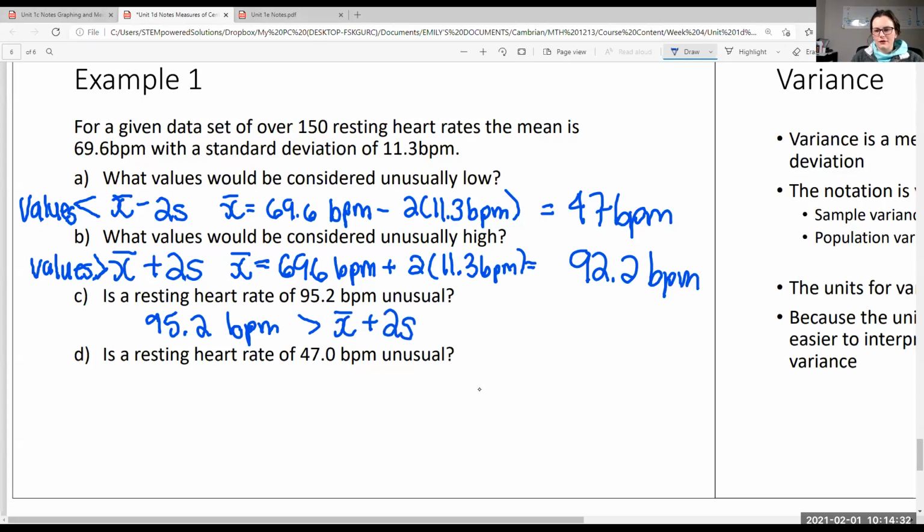It's greater than the threshold, isn't it? The threshold is 92.2 beats per minute because it's over 2 times the standard deviation plus 69.6. That's correct. So thank you, Emma.